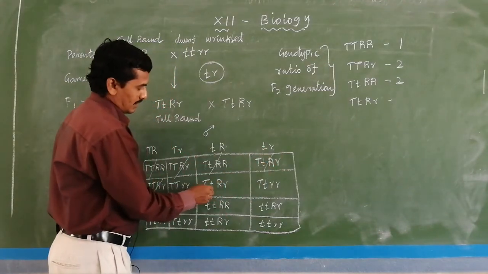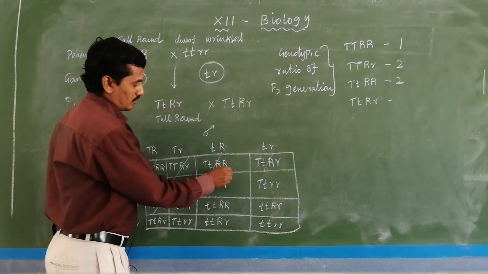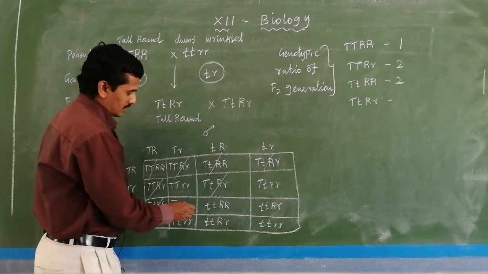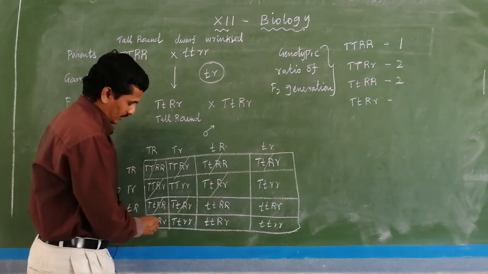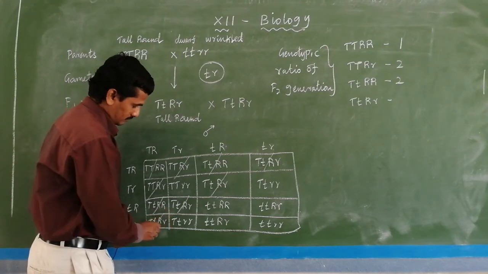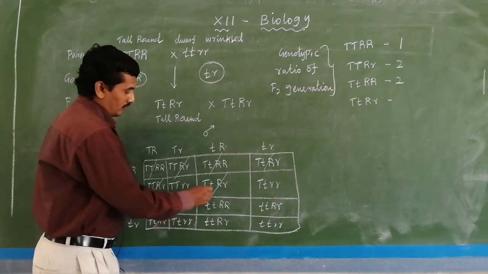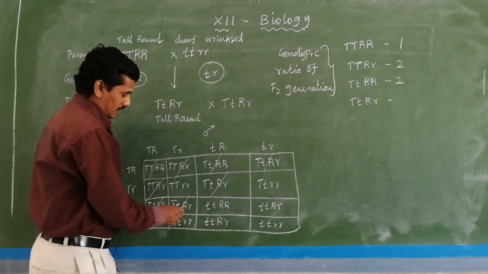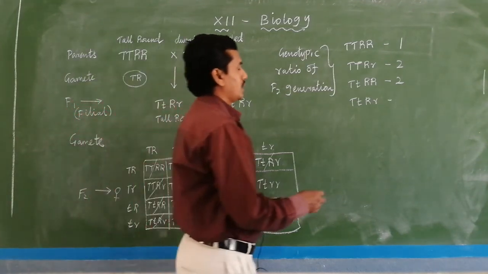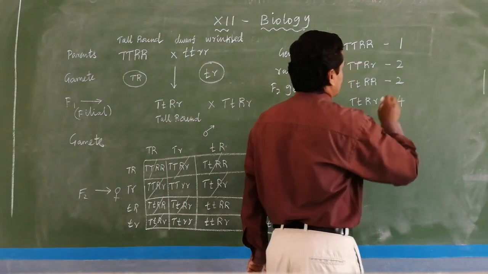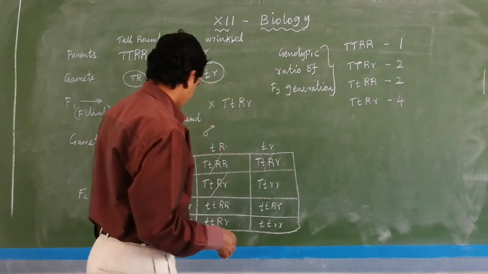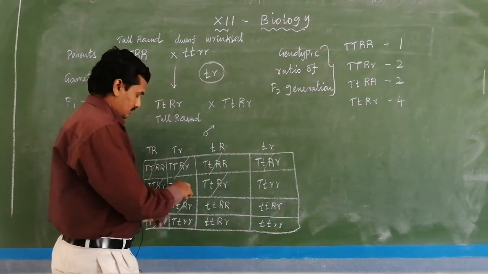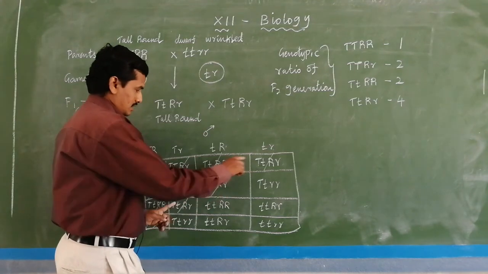Listen, capital T, capital R, small r. 1, 2. Capital T, capital R, small r. 3. Here capital T, capital R, small r. 4. So totally 4 characters are expressed. So 4 characters means 4. Okay. Then this one we put L shaped. Already these are all over.